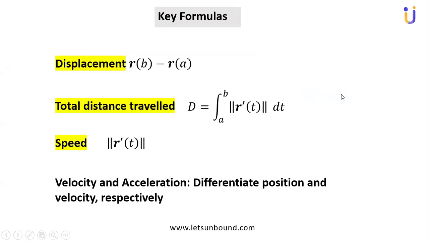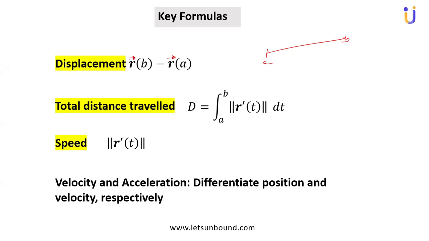Now key formulas. Displacement is r of b minus r of a. If you need the displacement from a to b, you plug in the position vector. Like I did, r bold, which means r vector.